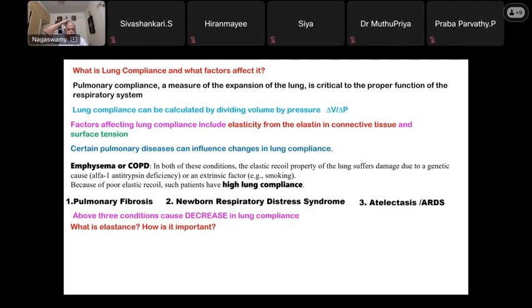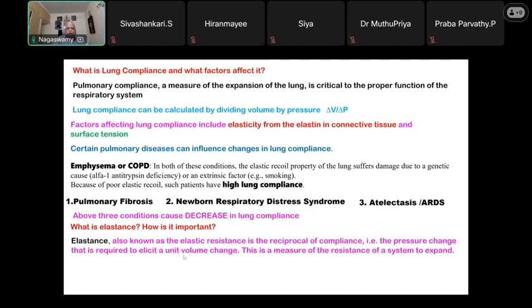We saw that compliance means expandability of the alveoli and chest wall. That is compliance, as simple as that. But what is elastance? Ability to recoil. It is the opposite of your compliance.